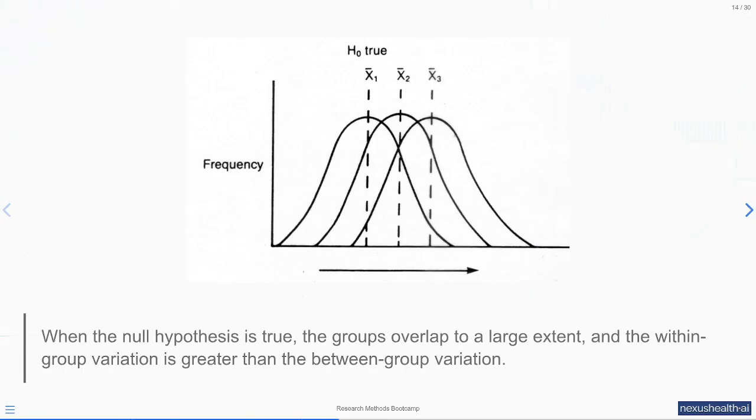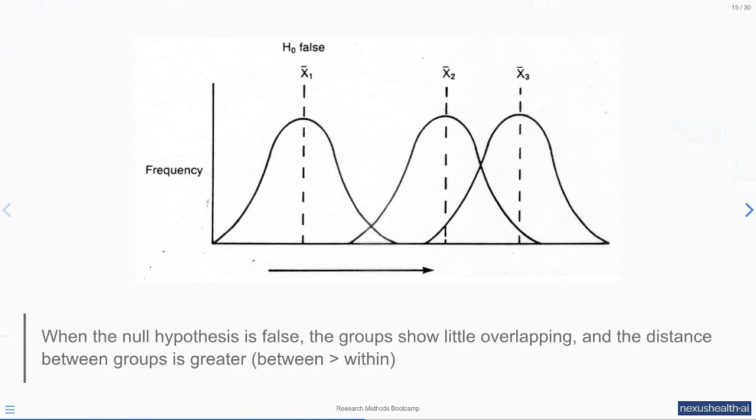If the null hypothesis were true, we will find that the groups will overlap to a large extent, and the within group variation is going to be found to be greater than the between group variation. And this is what we see in this graphic here. The within group variation becomes greater than the between group variation. And so this tells us that really these groups are not that different.